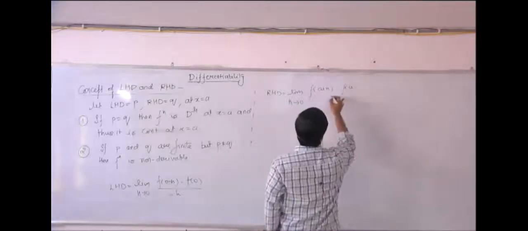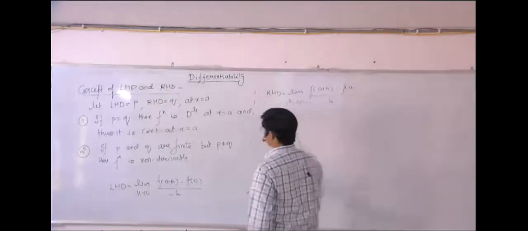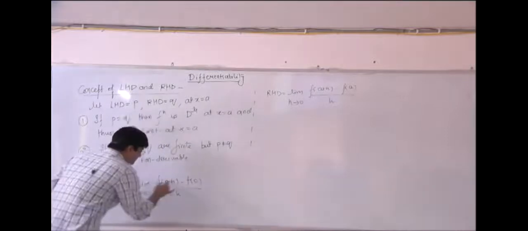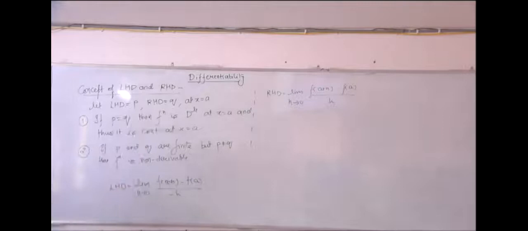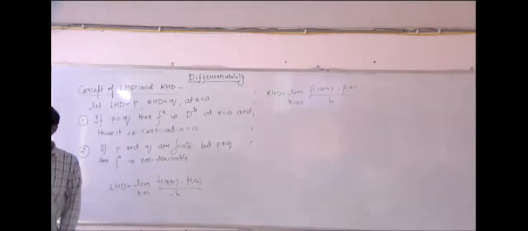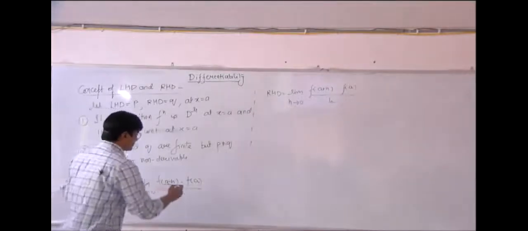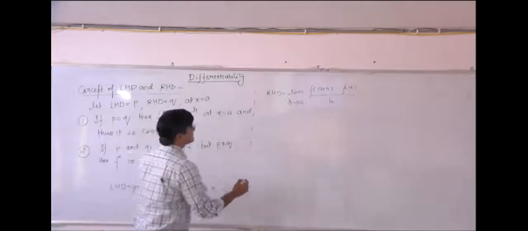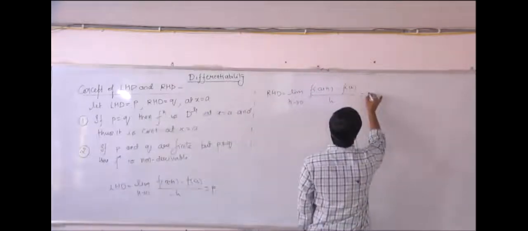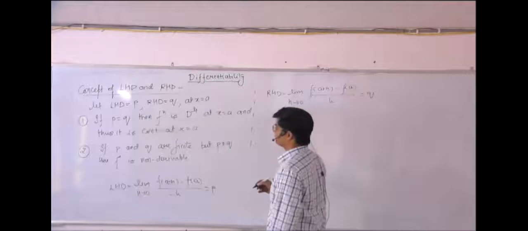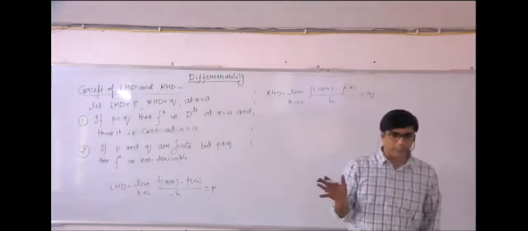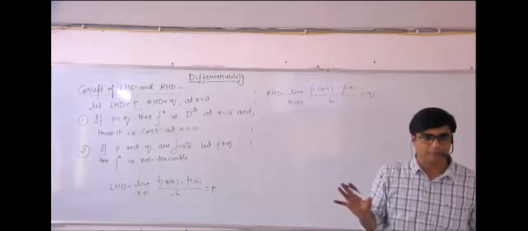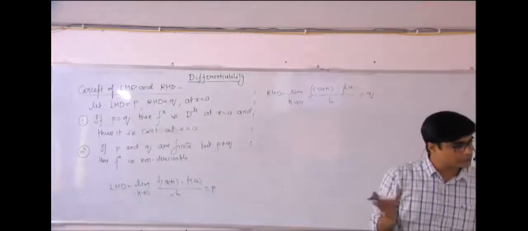We are talking about a point. Now it is given that this is equal to p and this is equal to q. The left hand derivative is p, which is finite. The right hand derivative is q, which is also a finite value.